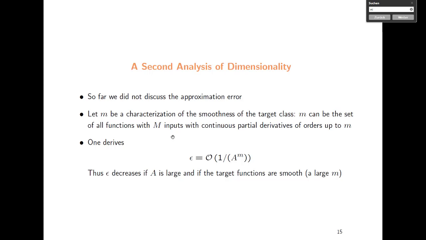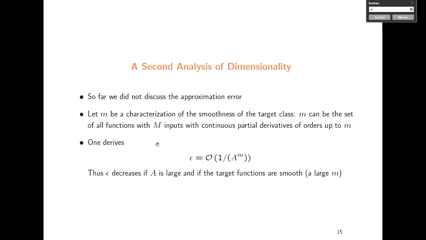If the functions are smooth, we would have a large m, then a to the power of m is a large number, and 1 over that is a small number, so epsilon would be small. If we have a very unsmooth function, m is small, a to the m is small, and epsilon goes up.